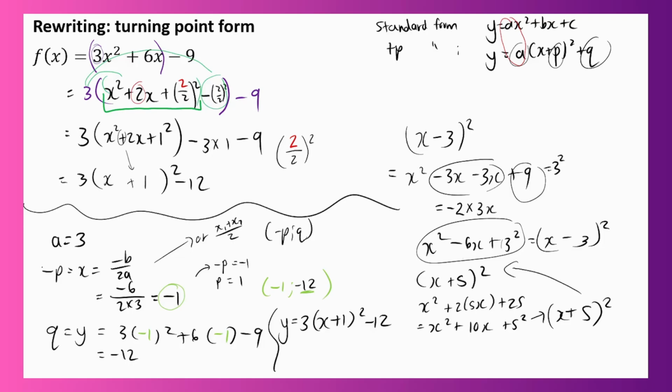So again, our steps. We isolate our two terms that have the x's. We take out whatever the coefficient of x squared is as a common factor. And then we add and we subtract the x term's coefficient divided by 2, being squared. We add them and we subtract them.